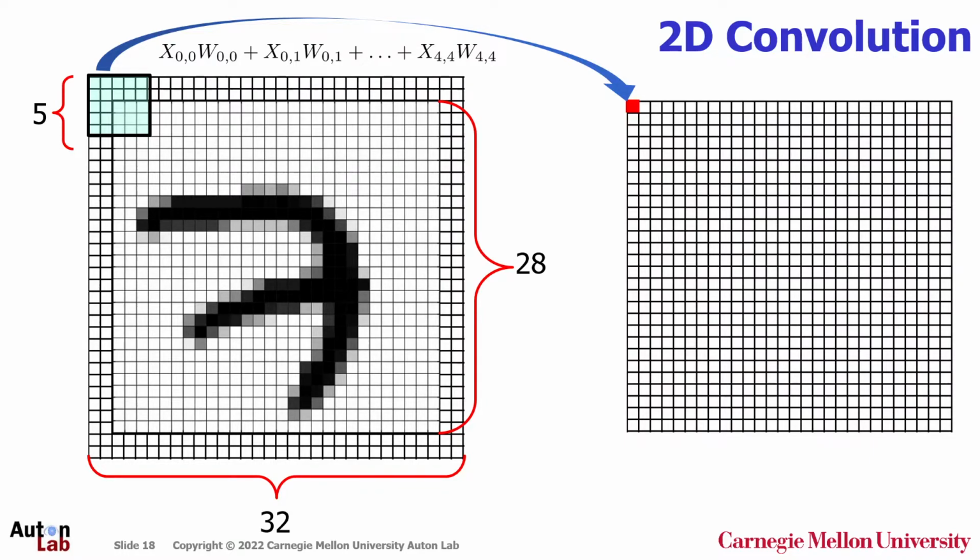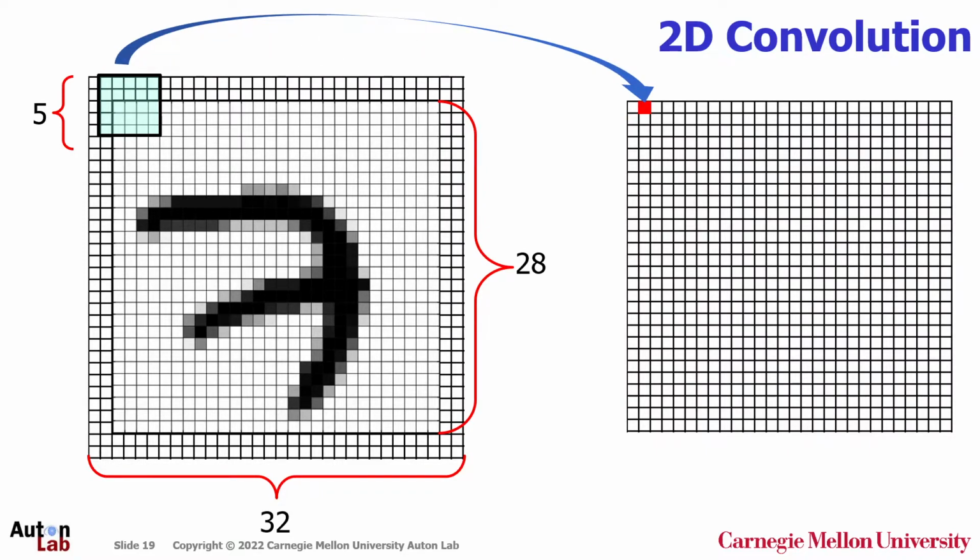After we calculated the top left corner of the convolved image, we move the convolutional kernel 1 pixel to the right and repeat the same thing. That is, we calculate the weighted average of the corresponding submatrix of the input image, and this will be the next pixel value of the convolved image.